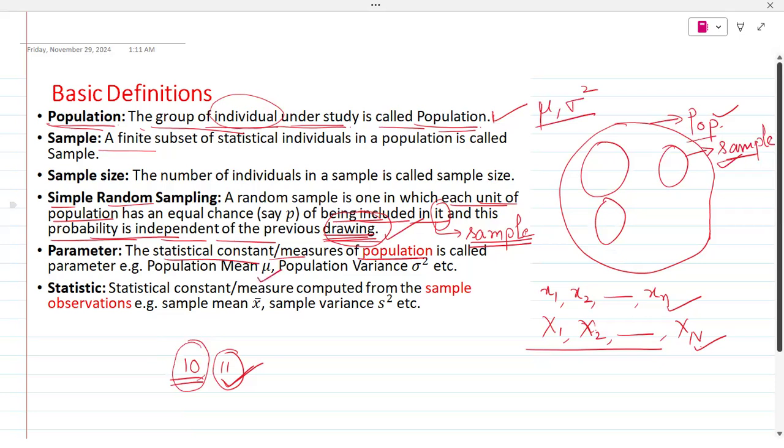So mu and sigma square, what do we call them? Parameter. So what is a parameter? Any statistical constant or measure which is associated with the population.